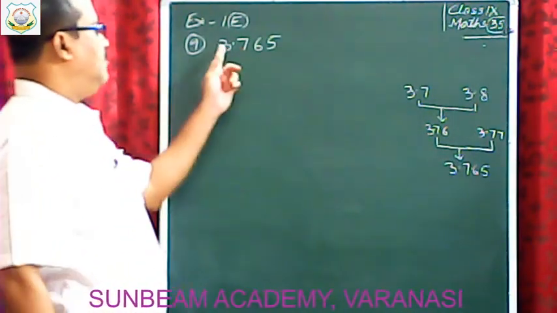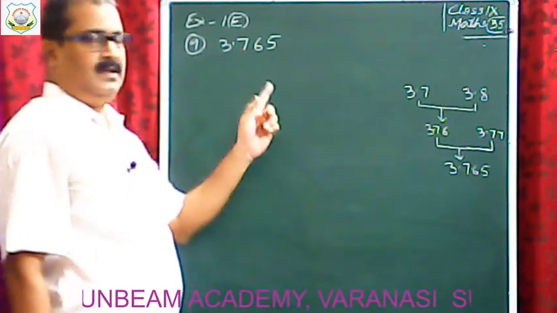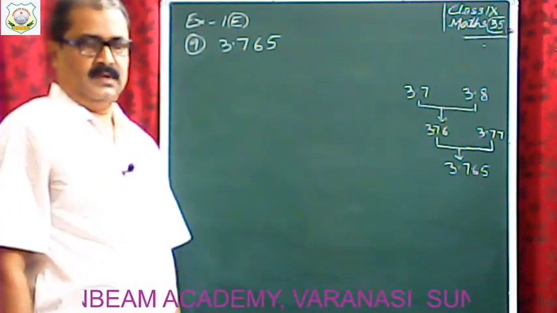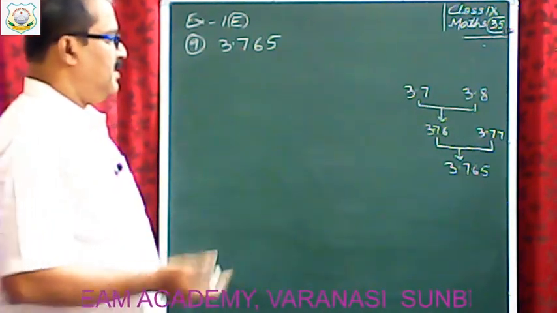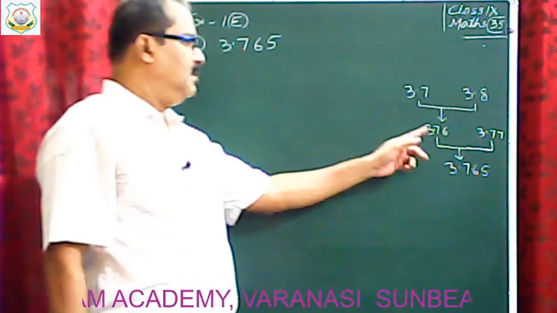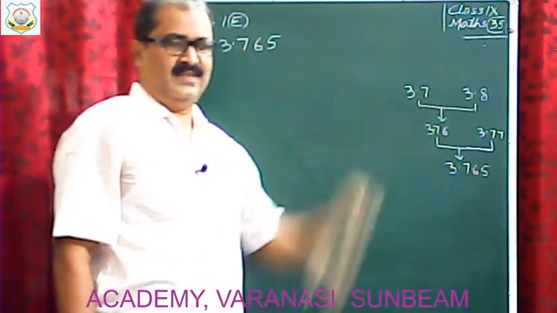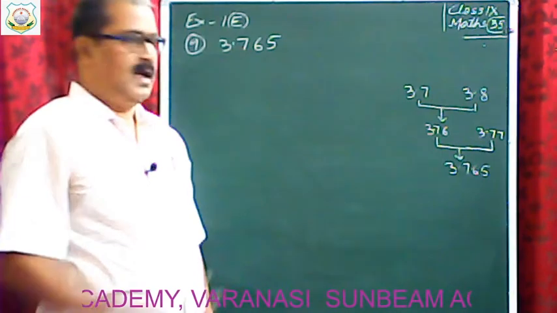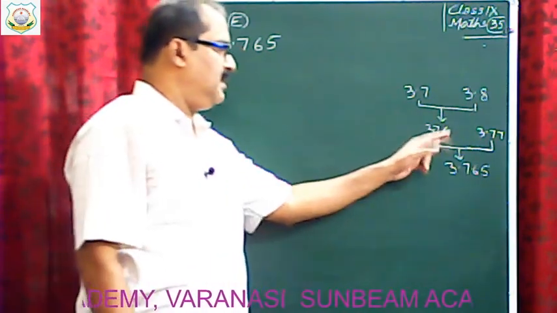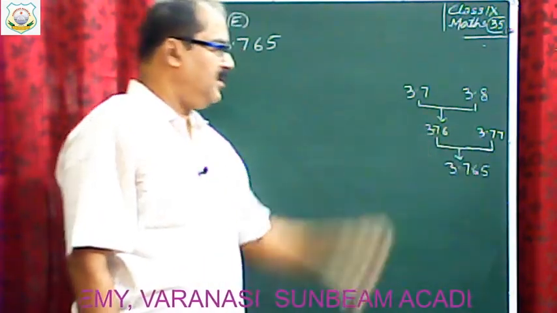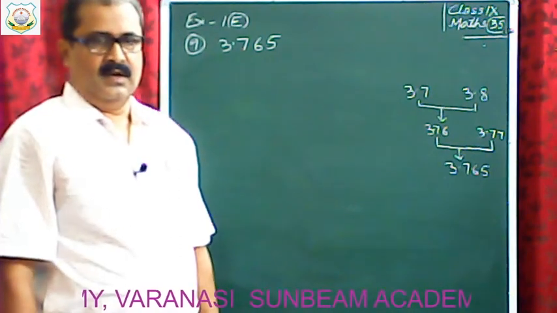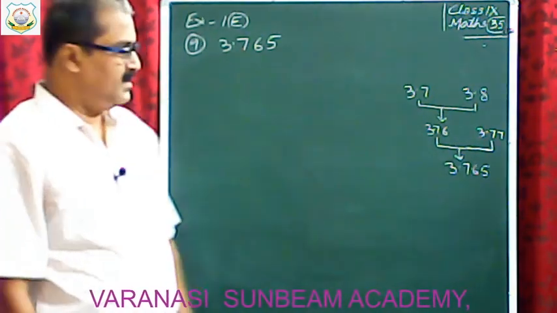So first of all we have to represent 3.7, 3.8. Between 3.7 and 3.8 we get 3.76 and 3.77, and between 3.76 and 3.77 we get 3.765. Okay, step by step we have to represent.